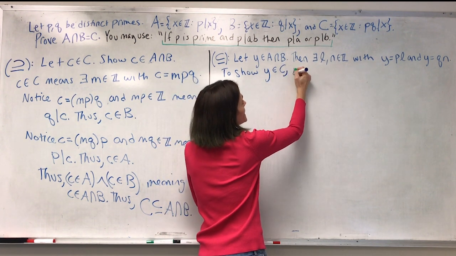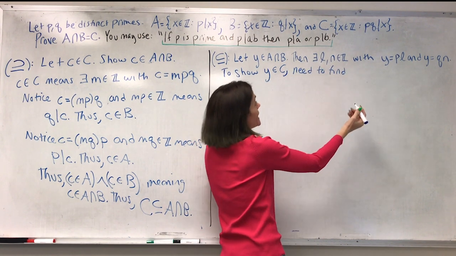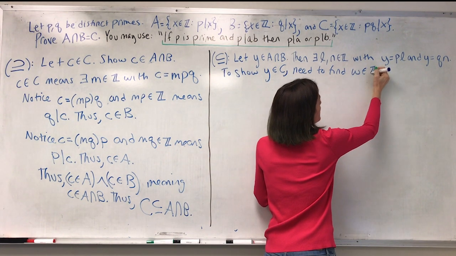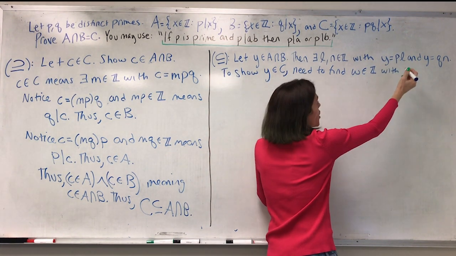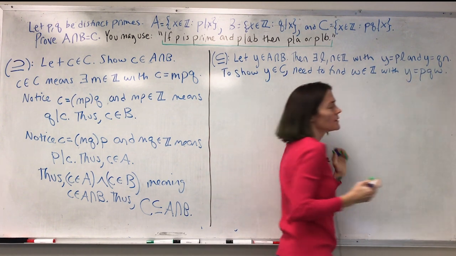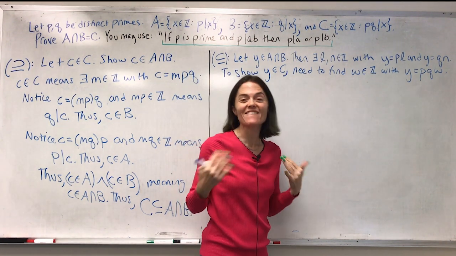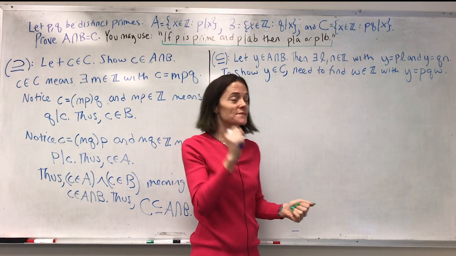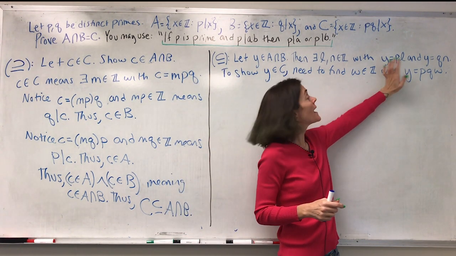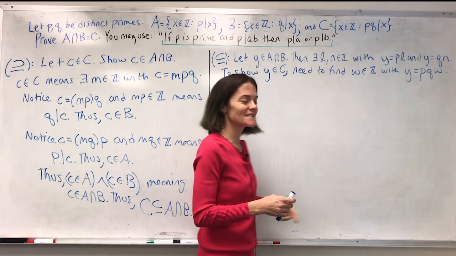What I need is to find an integer, let's say w, with y equals pqw. This is what we need to show that y is in C, and then we will have A intersect B as a subset of C. Now, we don't have it yet, right? We have y is pl and y is qn, but we do not have the w just yet.